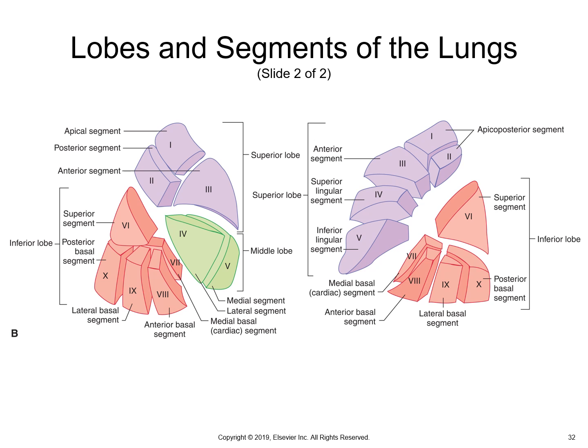And in the inferior lobe, there are 5 segments: the superior segment, the medial basal, which is a cardiac segment, the anterior basal segment, the lateral basal segment, and also the posterior basal segment.